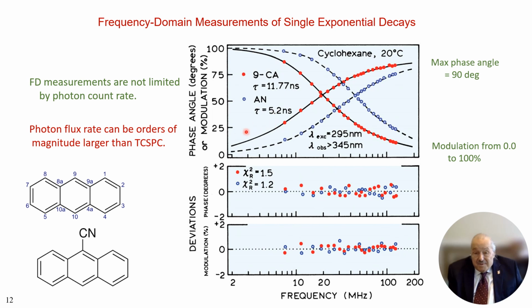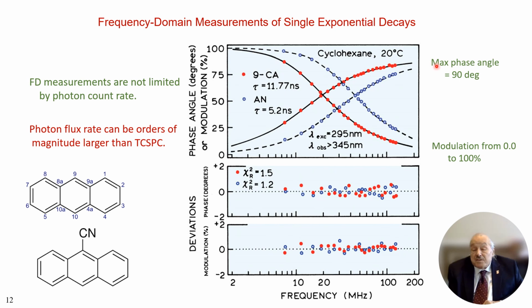It looks like the proper shape for a single exponential decay, and of course it fits as a single exponential decay of about 12 nanoseconds. The anthracene had a shorter lifetime, around 5 nanoseconds, and because of that the frequency response is shifted to higher frequencies, but it's exactly the same shape.